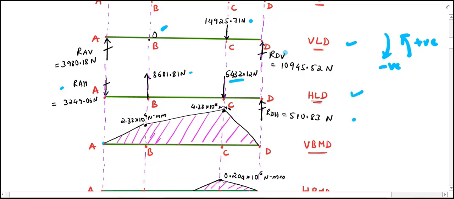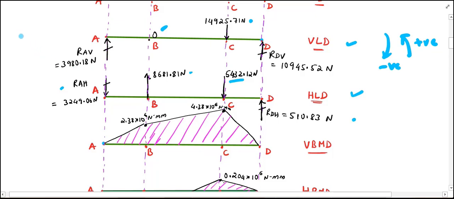Here RDV into 1500 minus 14925.71 newtons into 1100. Therefore I can get RDV is equal to 10945.52 newtons.